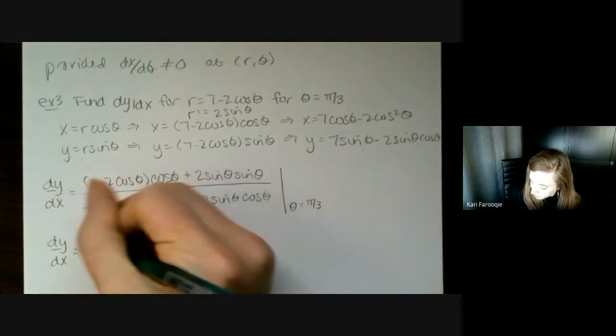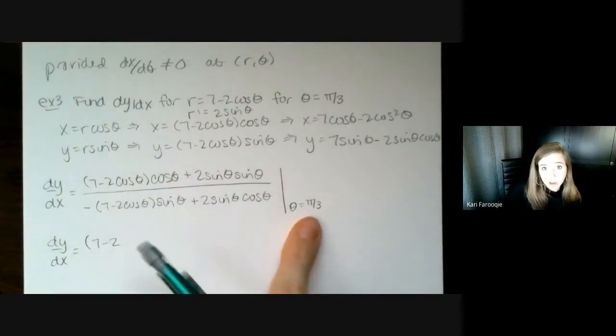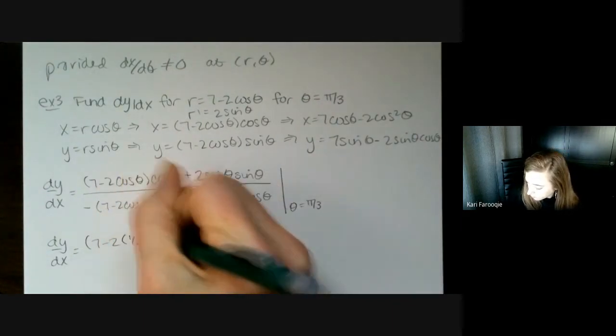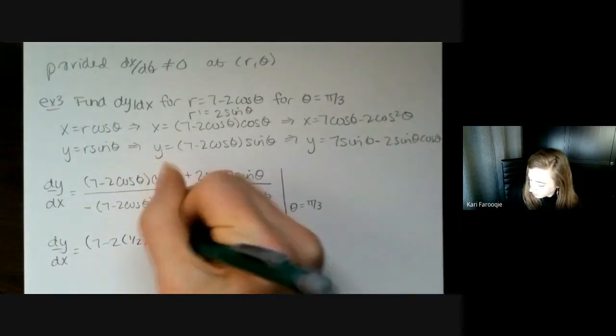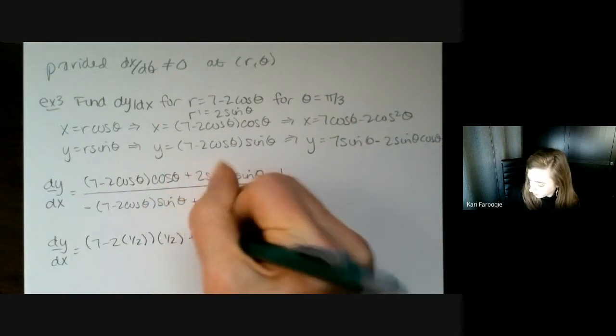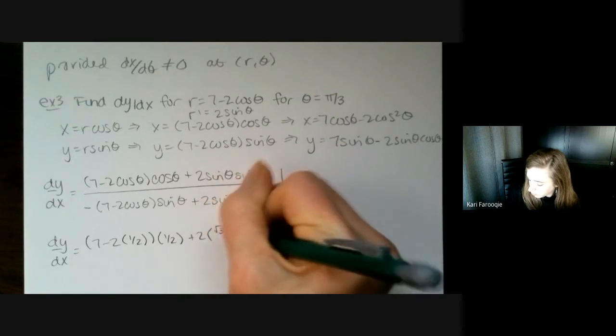All right, so 7 minus twice the cosine of pi over 3, which is a half. And be careful with your parentheses. Cosine of pi over 3 is a half. The sine of pi over 3 is root 3 over 2.